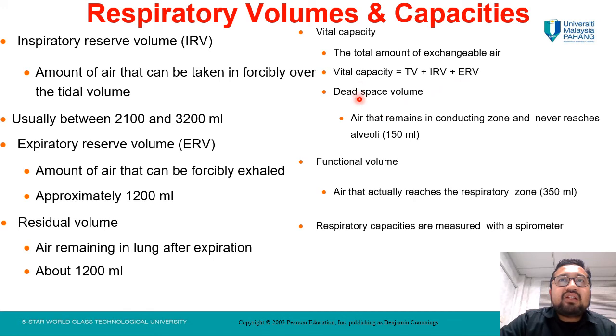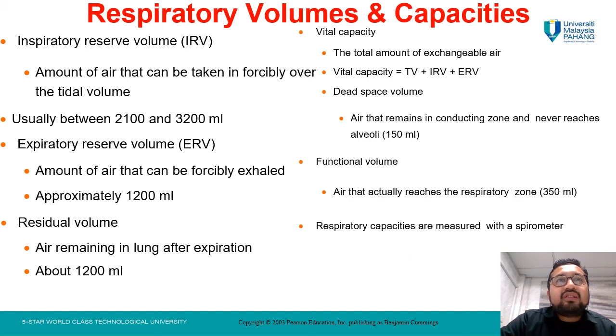We also have the dead space volume, air that remains in the conducting zone and never reaches the alveoli. This air is not involved in the exchange at all. Functional volume is the air that actually reaches the respiratory zone. Respiratory capacities are measured with a spirometer, so all of these air volumes can be measured by a spirometer.